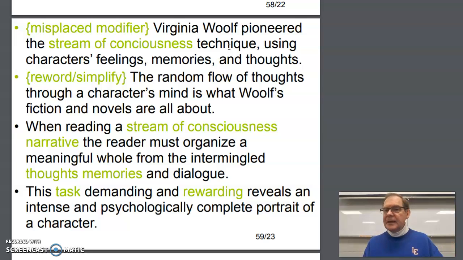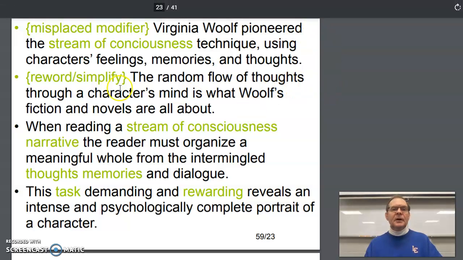So I need really to start there. Using characters' feelings, memories, and thoughts, comma, Virginia Woolf pioneered the stream-of-consciousness technique, period.